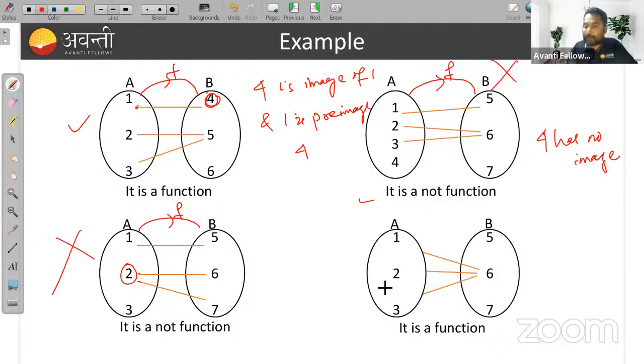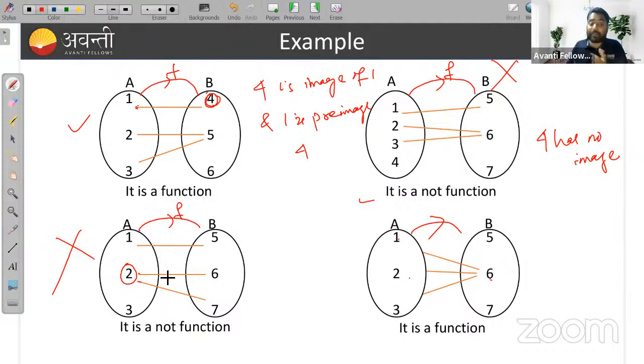But in case of the fourth one, look, 6 is image of 1, 2 and 3 also. That means it is satisfying my condition of a function. Does it satisfy or not? Yes, because the condition is that each and every element of set A must have only one image in set B. The image of 1 is 6, image of 2 is 6, image of 3 is 6.